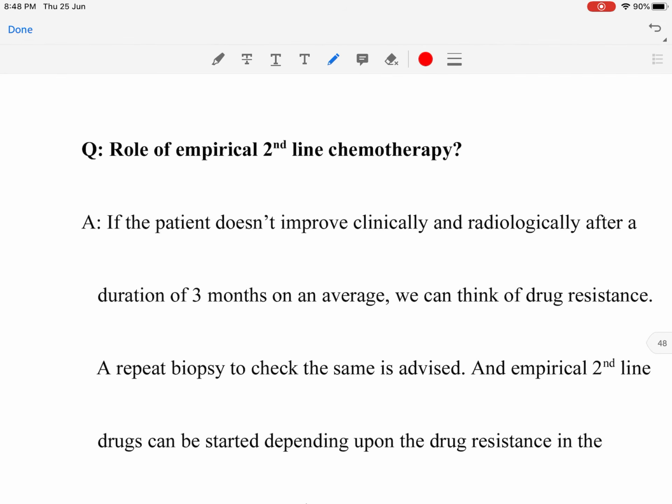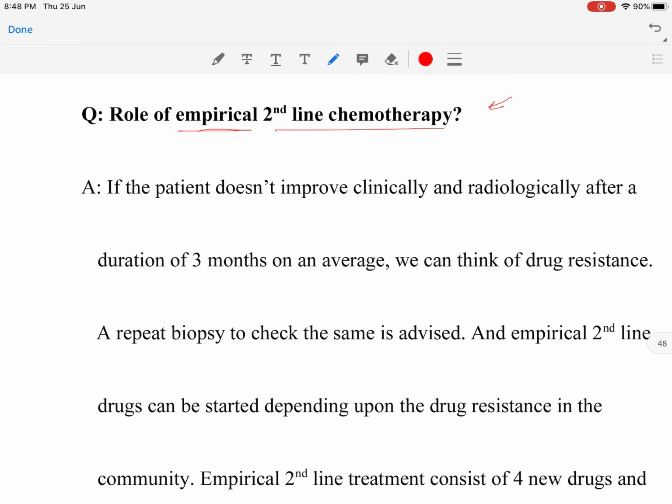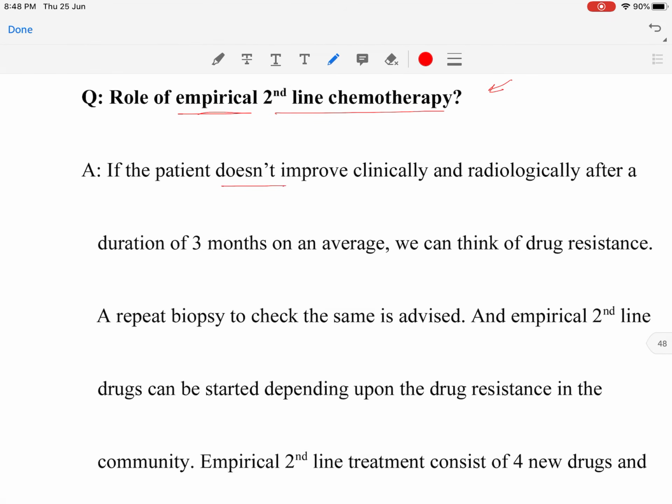Now, whether empirical second line chemotherapy without a proven resistance can be started is a controversial topic. If the patient doesn't improve clinically or radiologically after a duration of 3 months, in those cases we can think of drug resistance.